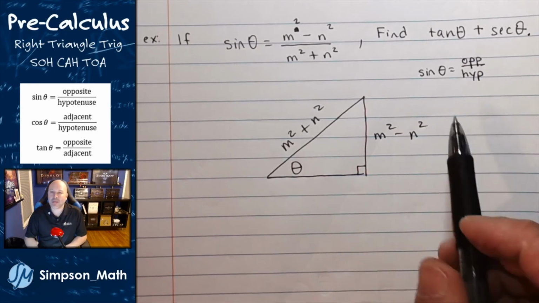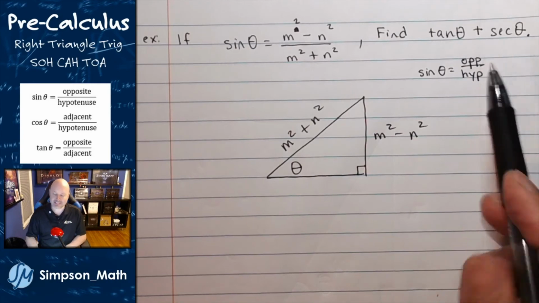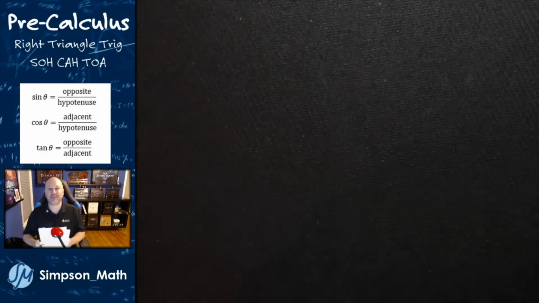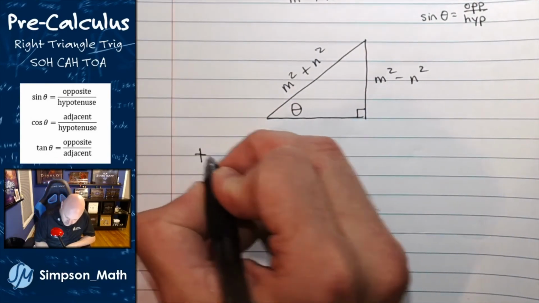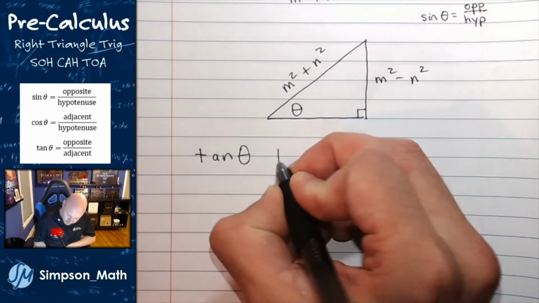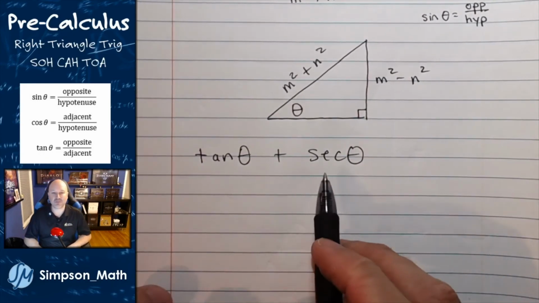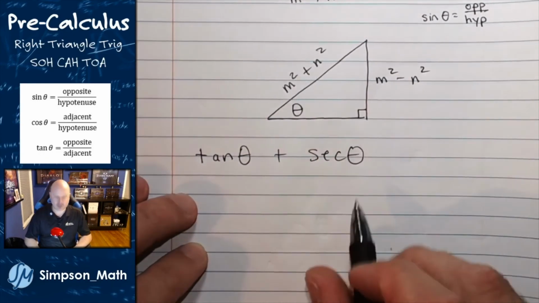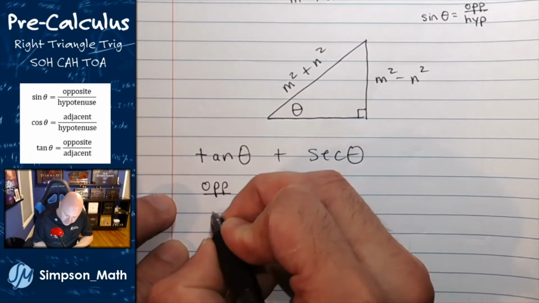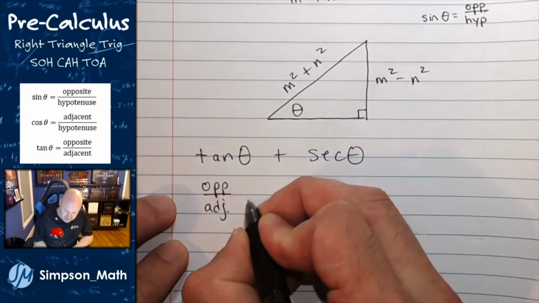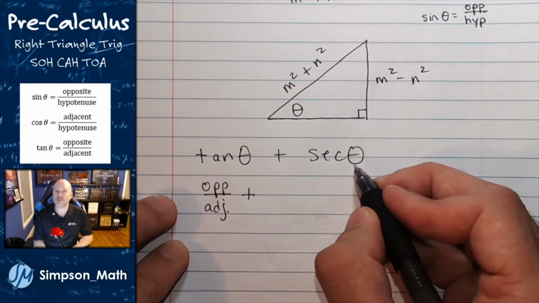Okay. Now it asks for tangent plus secant. Let me think about that for 2 seconds. If someone asked me for tangent plus secant in the SOHCAHTOA world, I would be thinking, oh, well, they mean the opposite over adjacent plus, let's see, that's the reciprocal of cosine.